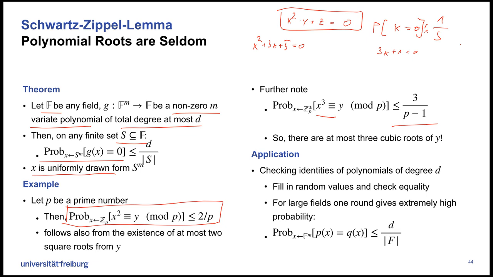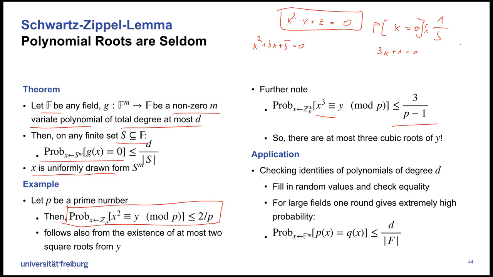Another application is that you want to check whether two polynomials are identical or not. You have a complicated polynomial on the left side and a complicated polynomial on the right side. The best thing is to just put some random numbers into it. If they're equal, then you are really lucky if they're not actually equal. It even holds for real numbers. So assume that you have 2 polynomials, left and right, and you want to check whether they're the same.